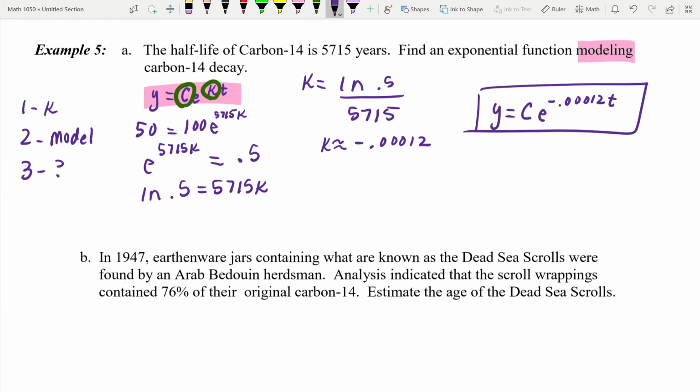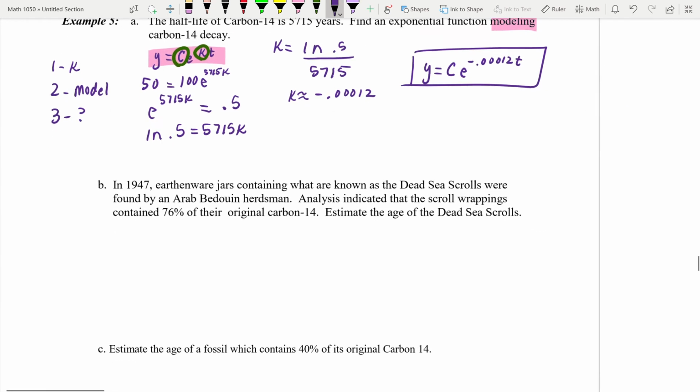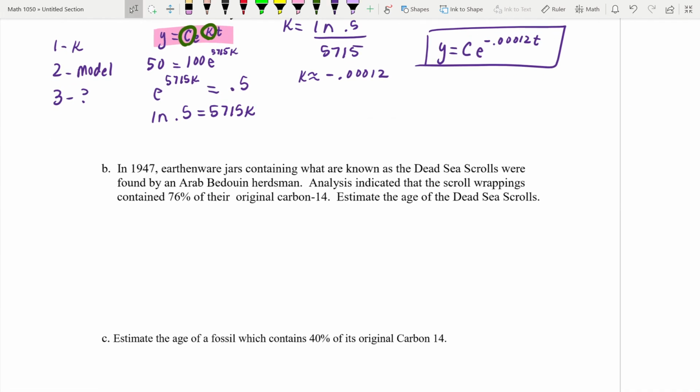Okay, I'm done. Question B. In 1947, jars containing the Dead Sea Scrolls were found by an Arab herdsman. Analysis indicated that the scroll wrappings contained 76% of the original carbon-14. Estimate the age. You guys are asking me for age, so I know they're asking me for time. So everybody put your equal sign.